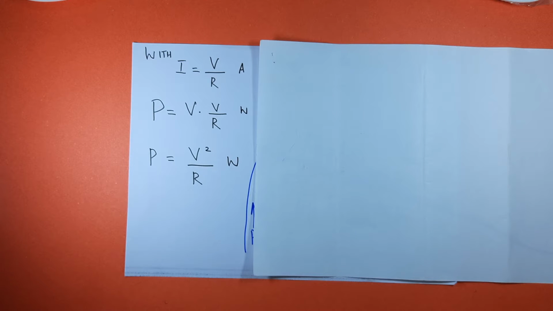So for power we have three forms. One is P equal to V into I watts. The next one is P equal to I square R watts. And the last form is P equal to V square by R watts.